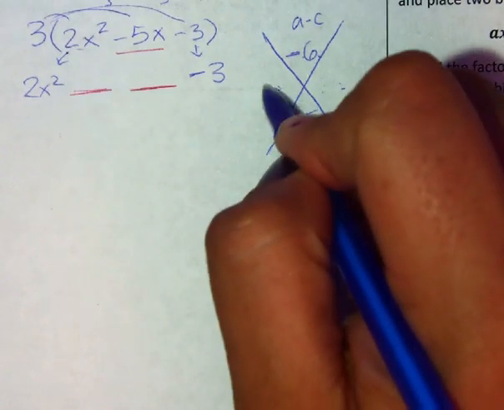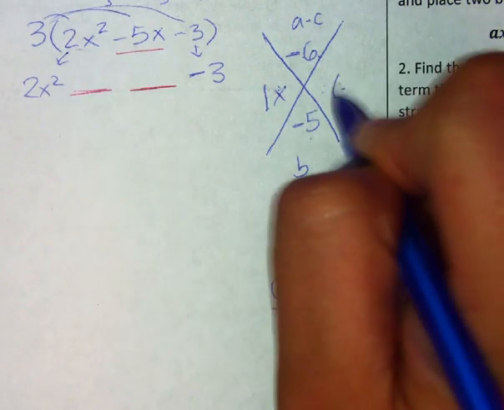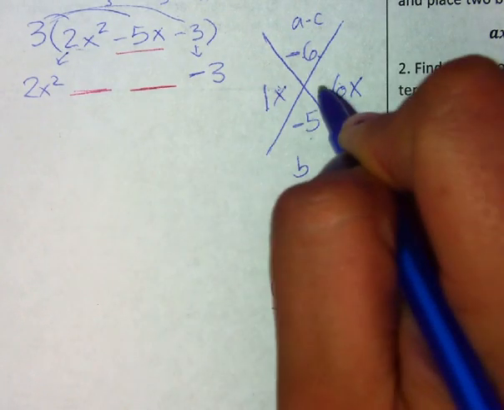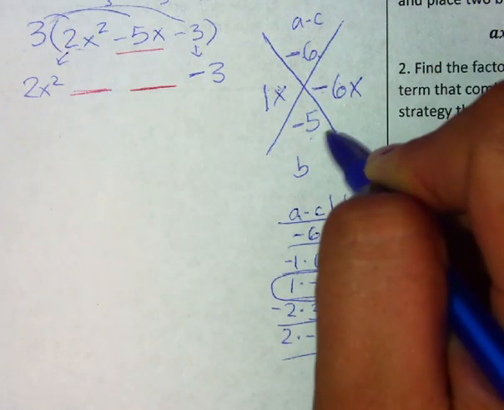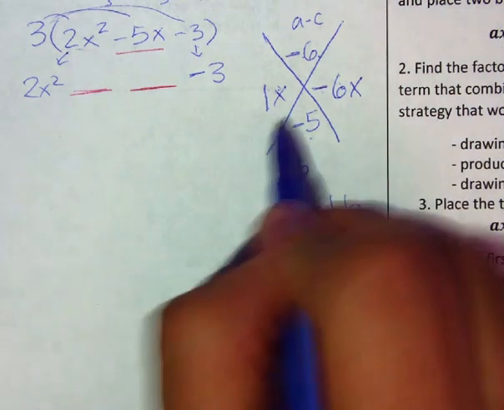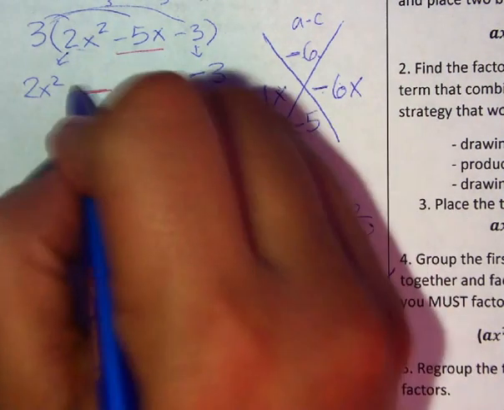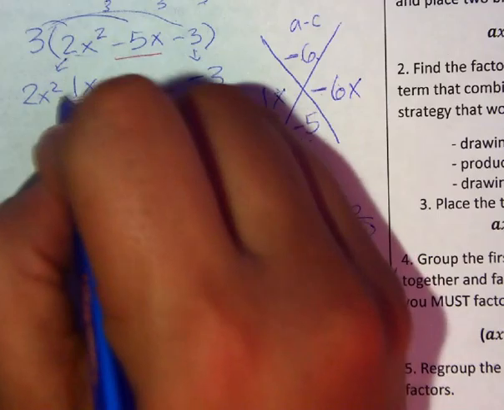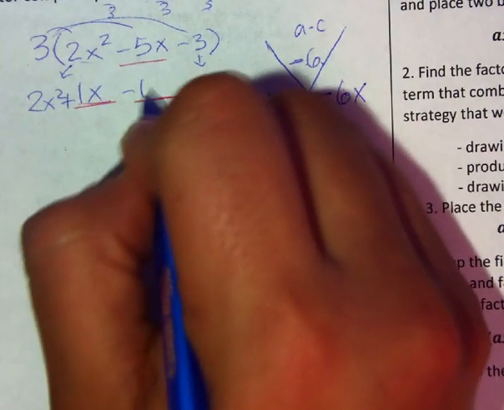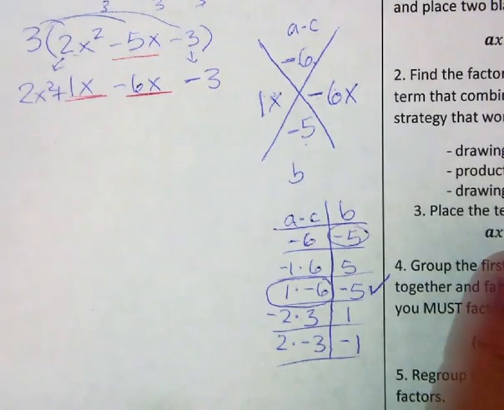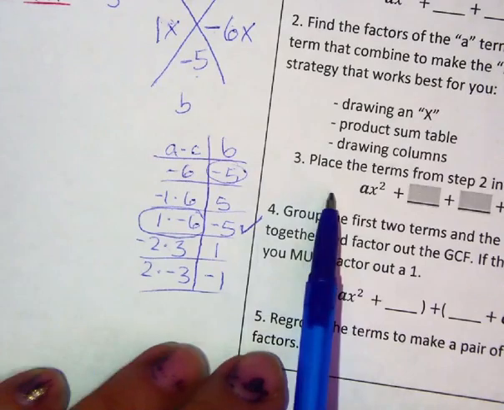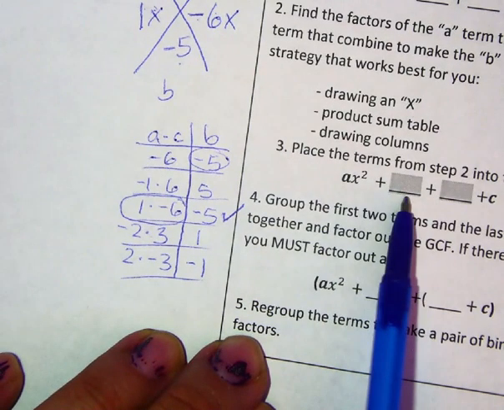So we had to use 1x and 6x, and then the 6 has to be negative in order to end up with negative 5. So we're going to use these numbers right here, positive 1x and negative 6x. And that's already step 3, which is placing those numbers on the spaces.